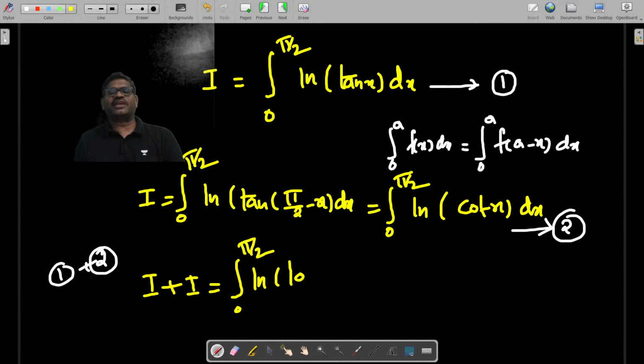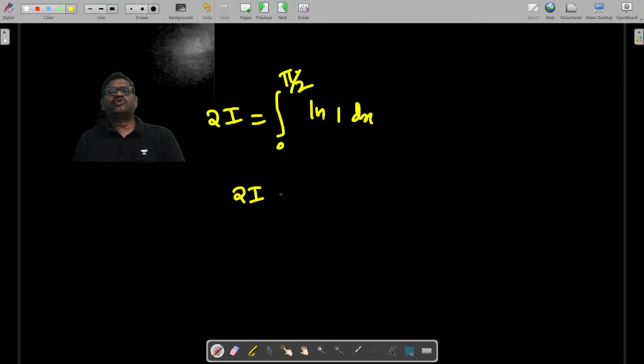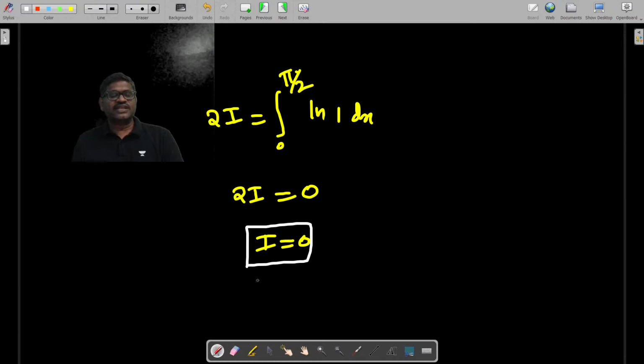Log m plus log n is log mn. 2I is 0 to pi by 2 log 1 dx, because tan x into cot x is 1. Therefore, log 1 dx, 2I equal to 0. The value of the integral is 0. Finally, the value of the integral is 0.